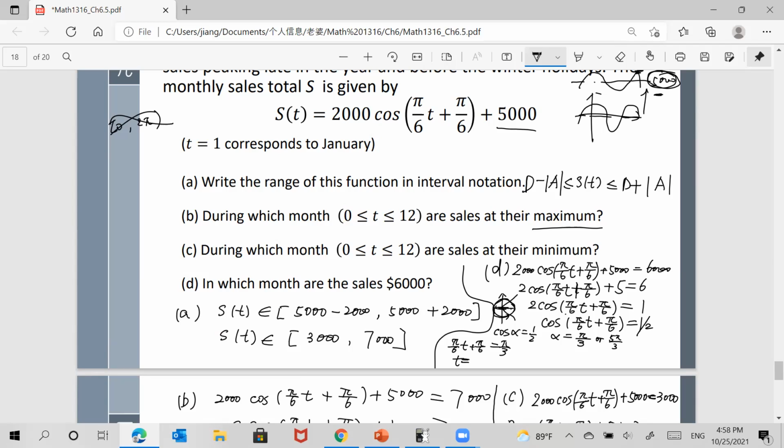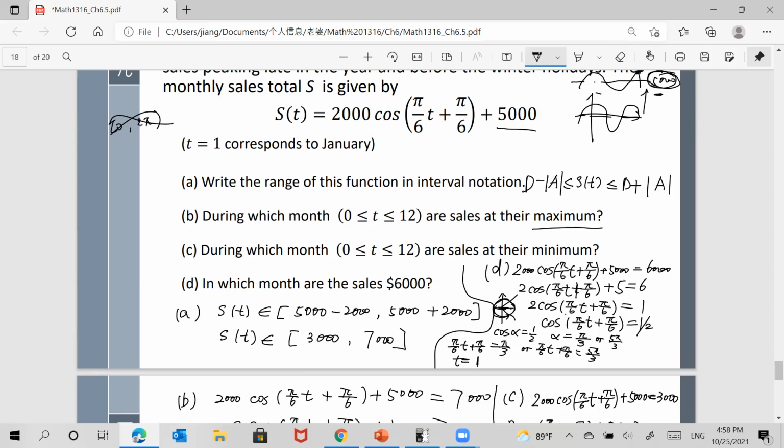Pi over 3 minus pi over 6 is pi over 6, and then t equals 1. How about pi over 6t plus pi over 6 equals 5 pi over 3?